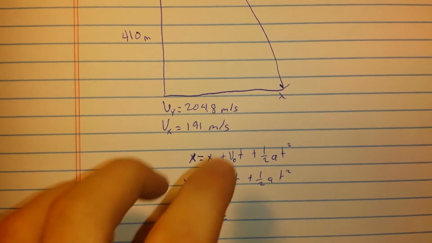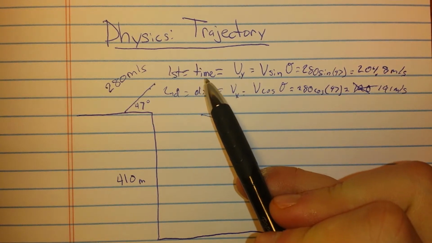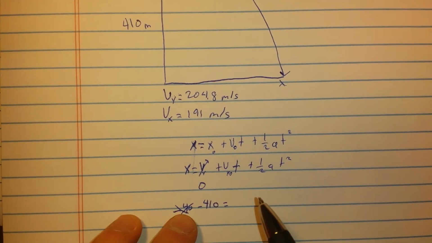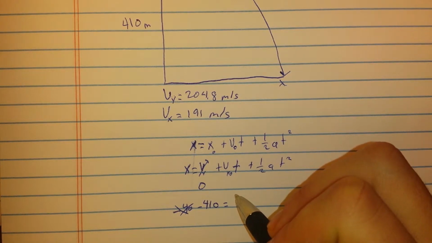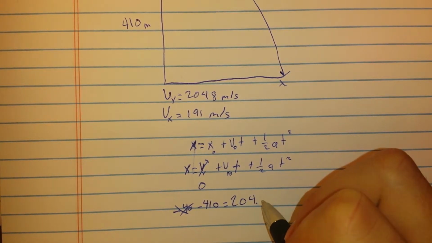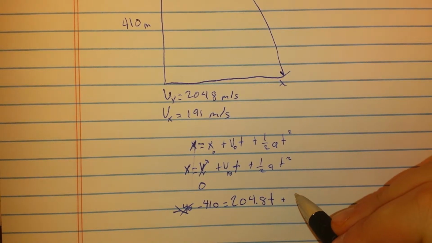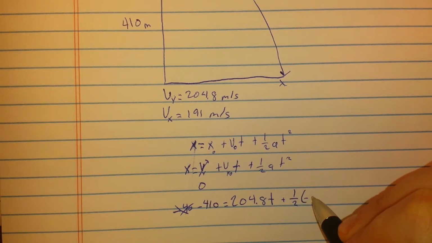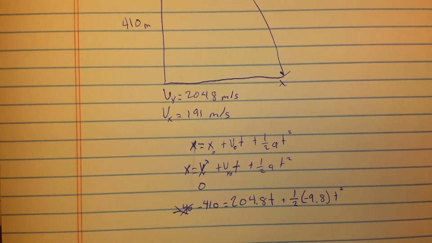Like I said, we want to use Vy for time, and we're going to use that first. So we use our vertical velocity, which is 204.8 times time, plus 1/2 times negative 9.8 t squared. Now it should start looking like a quadratic equation, and that's exactly how we're going to solve it.